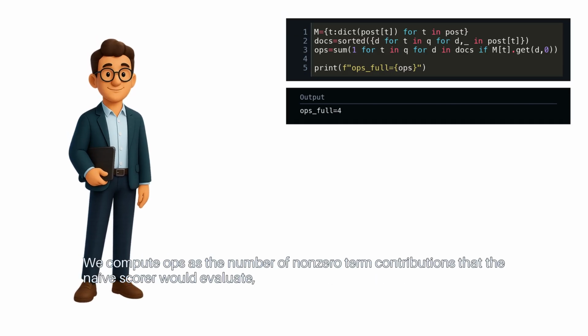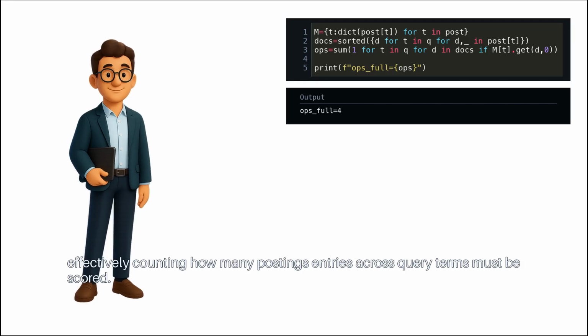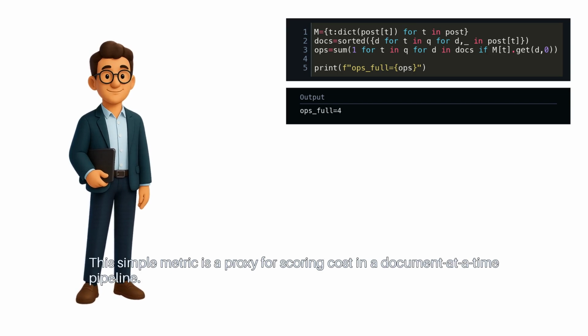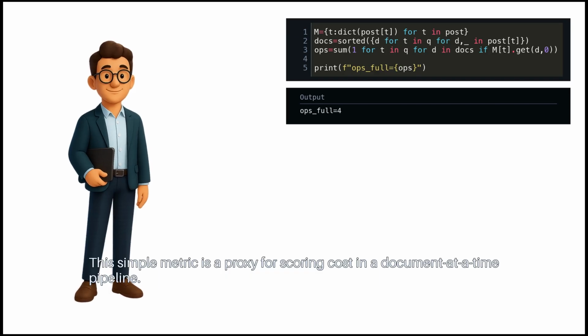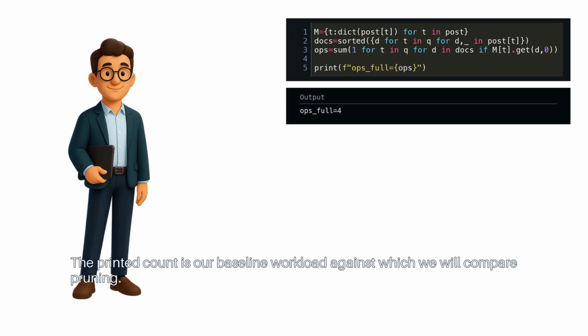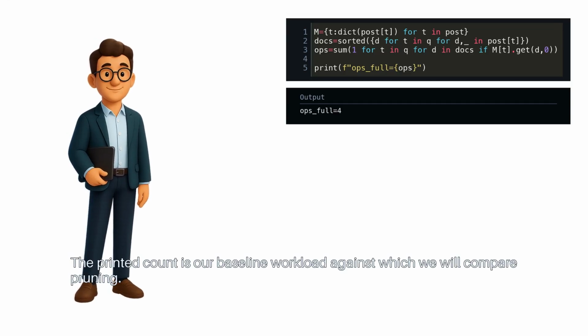We compute ops as the number of non-zero term contributions that the naive scorer would evaluate, effectively counting how many postings entries across query terms must be scored. This simple metric is a proxy for scoring cost in a document-at-a-time pipeline. If the query had more terms or longer postings, ops would grow proportionally. The printed count is our baseline workload against which we will compare pruning.